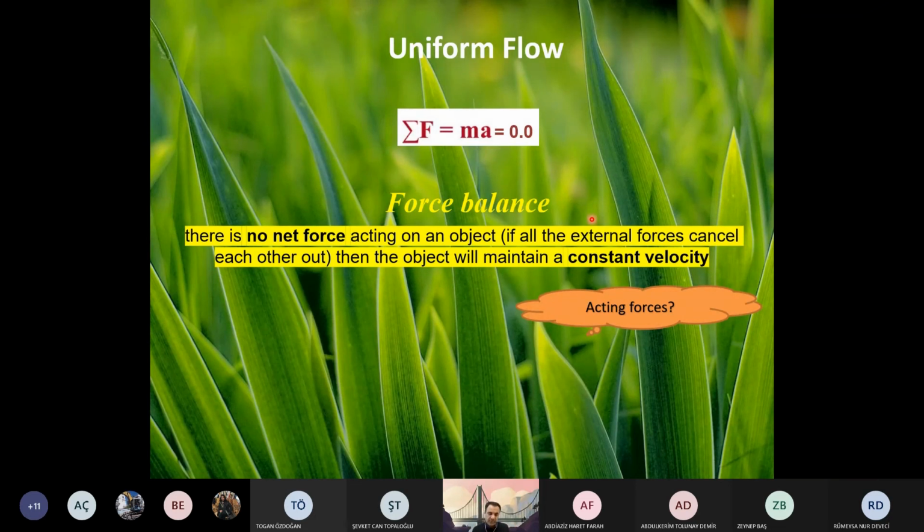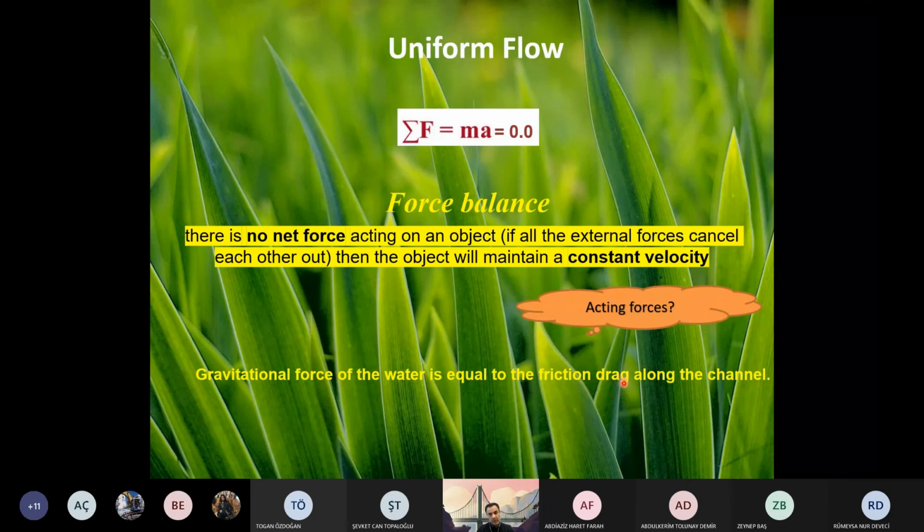Okay, and we assume that water moves only with the gravity force, and there is a frictional force again against motion. Therefore, gravitational force of the water is equal to friction drag. For frictional force against motion of water, we say drag force or friction drag along the channel.